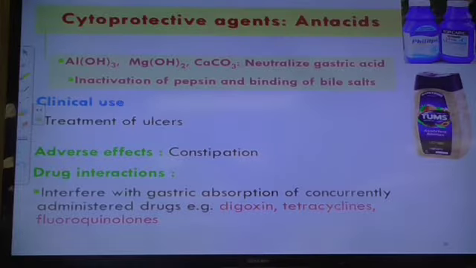This drug is very safe, with no pharmacokinetic drug interactions as such, but because it increases the pH in the stomach, drugs that need the gastric environment to be absorbed can be affected. And like sucralfate, because they contain heavy metals, aluminum, magnesium, calcium, they can chelate other drugs like digoxin, tetracycline, and fluoroquinolone, so those drugs can be less absorbed and less effective in the body.